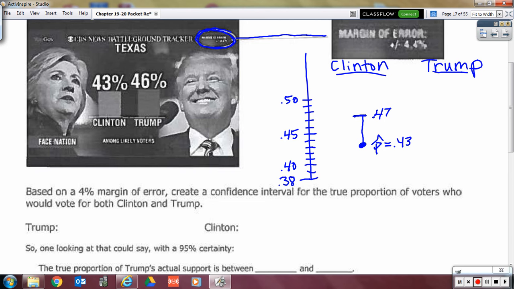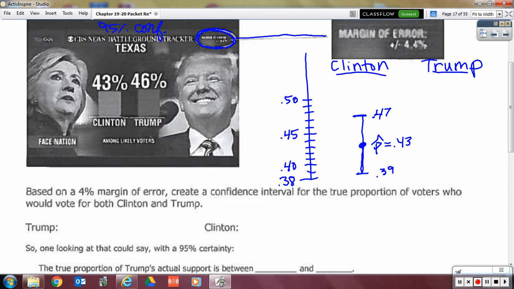Now let's do 4 percentage points down. What would that go to? 0.39. So 0.39 would be the lower bound. If this were a 95% confidence interval, I'm 95% confident that the true proportion of voters in favor of Clinton is between 39% and 47%.